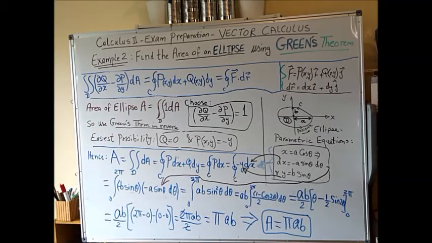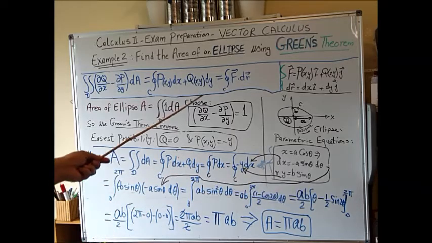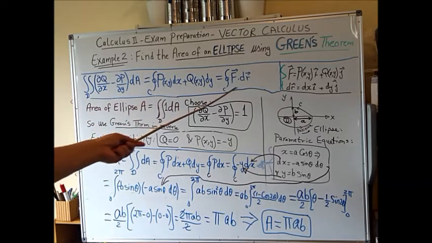We saw the conditions that need to be satisfied: the curve needs to be closed, simple, and positively oriented, that is, counterclockwise. So that was Green's theorem.